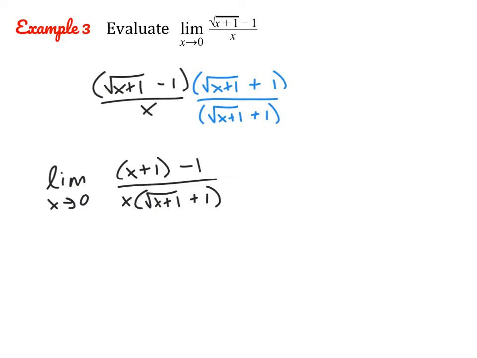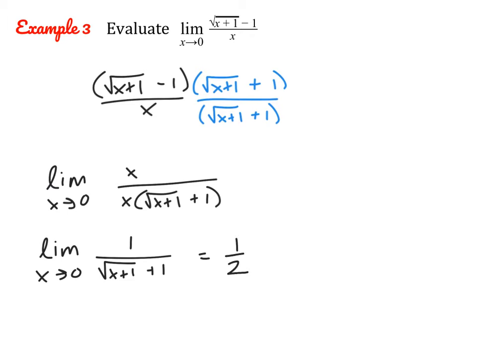So those will essentially cancel each other out. And then we can look for a common factor to divide out. I see I have an x in my numerator and denominator, so I'm going to divide that out. And here is what I have left. So this is something that we can evaluate using direct substitution. If I substitute x with 0, I end up with a limit of 1/2.